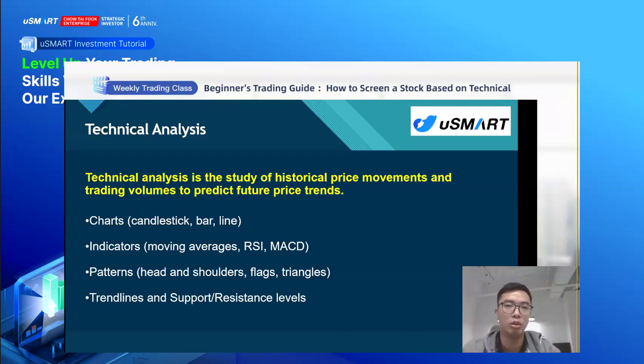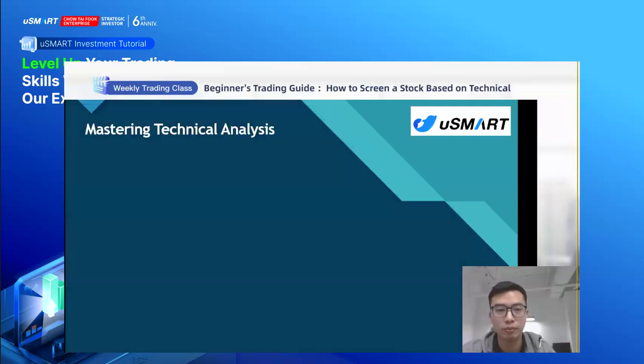Usually, I will use it on the higher time frames, like daily and weekly charts, to determine the direction of the markets. We also monitor support and resistance using technical analysis. So let us go through technical analysis very fast.